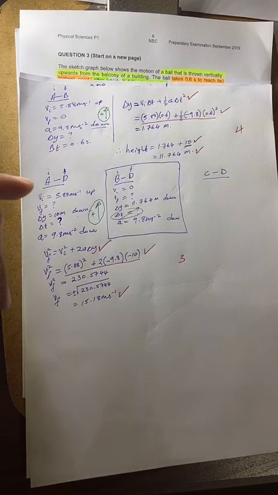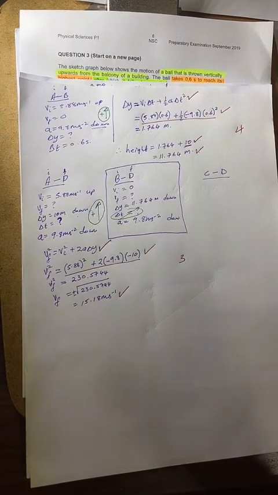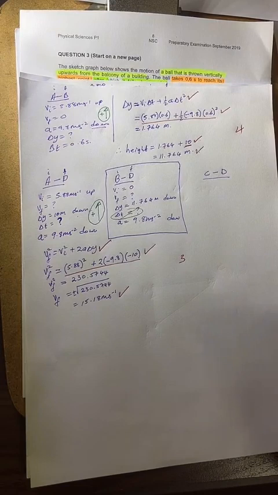If they ask you for magnitude, they don't require direction. They only care about the magnitude, the size of that thing, the numerical value. They don't care about the direction. If they say calculate speed, they also don't want the direction.